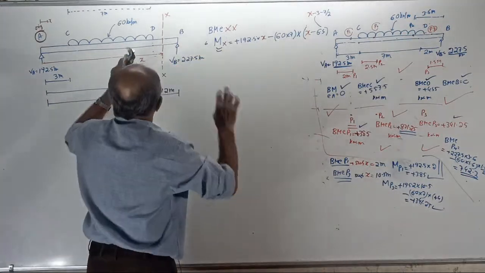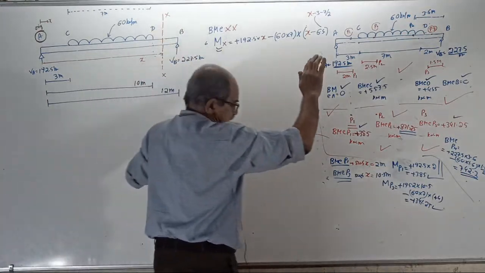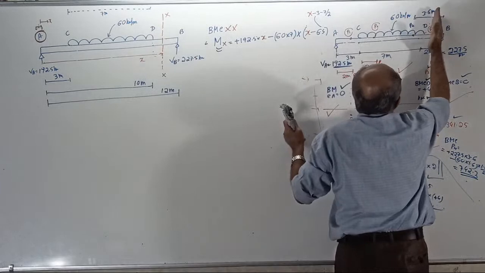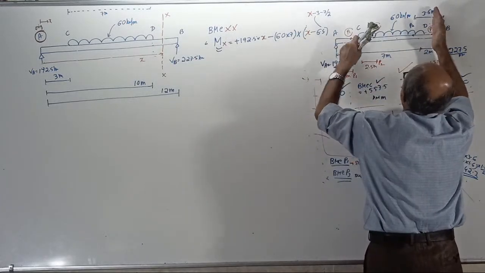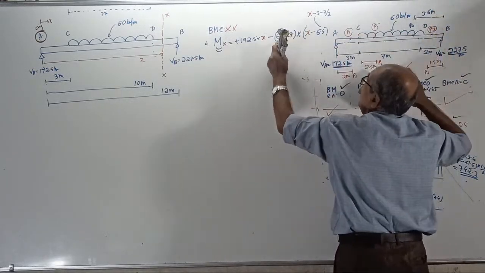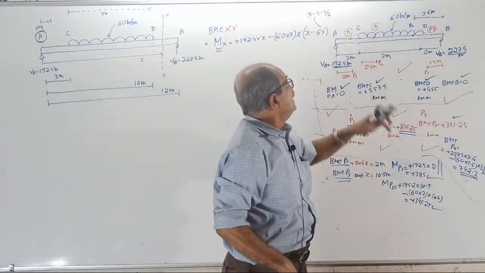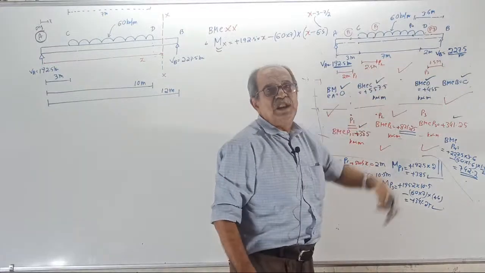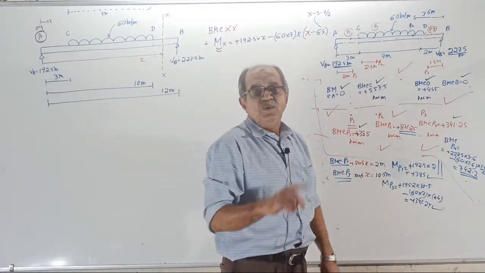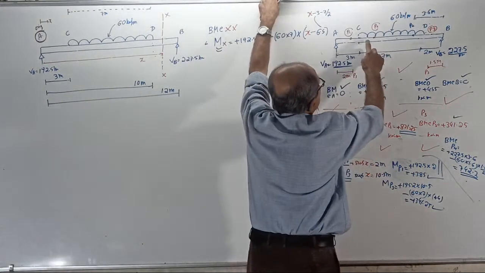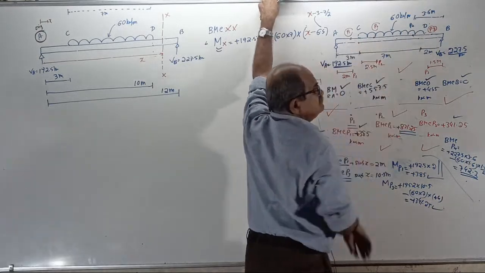And if you find BM, see, anywhere here after D, if you look this side, full UDL will come. Yes, full UDL will come. Therefore, it gave correct answer even from D to B, including D. Only problem came somewhere in the UDL.